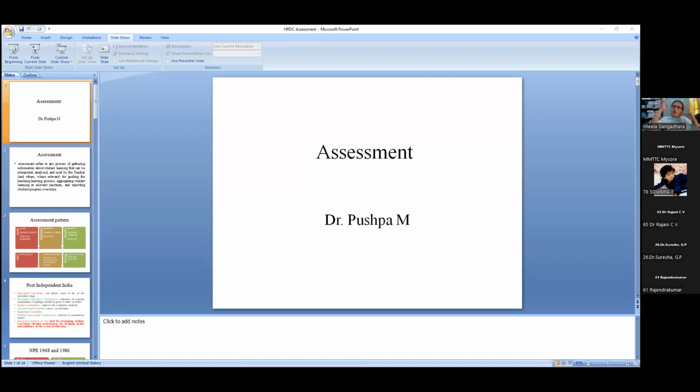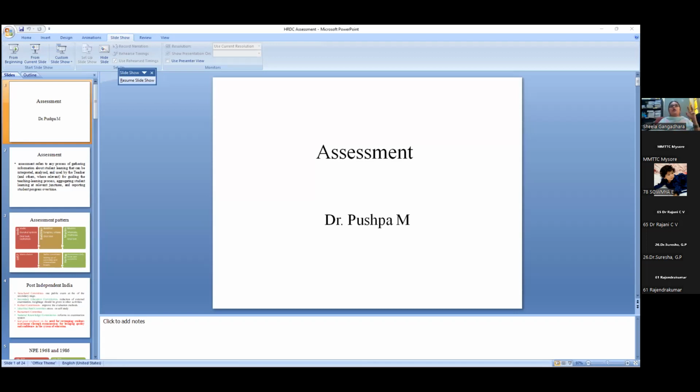Keeping all this in the background, NEP 2020 has recommended a new pattern for assessment. It has recommended a new, innovative idea or strategy with reference to assessment.